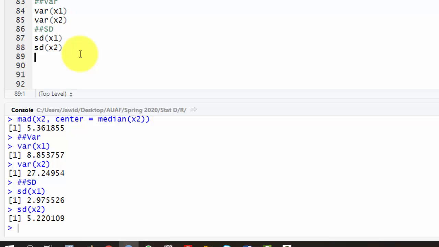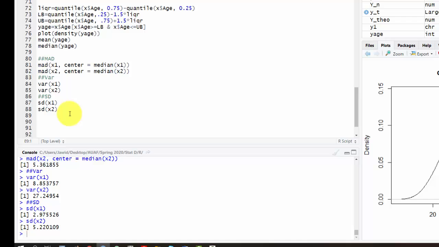Computationally, they differ because mean absolute deviation uses the absolute value to find the distance of each observation from the center, and standard deviation uses the square of the distance of each observation from the center. Therefore, their values are not identical.